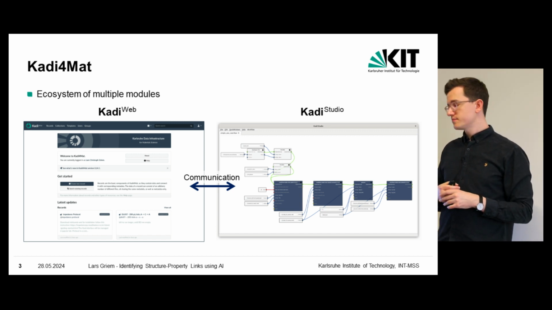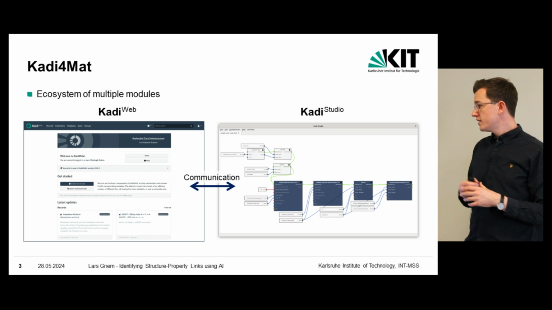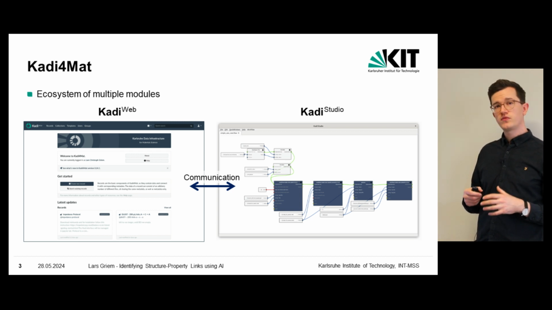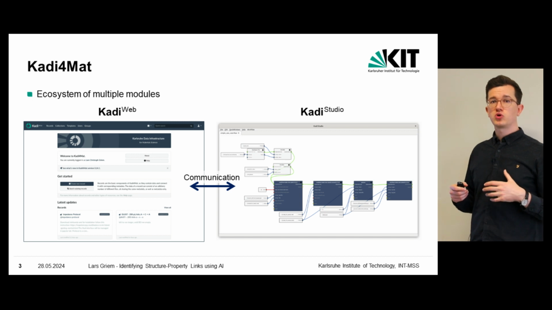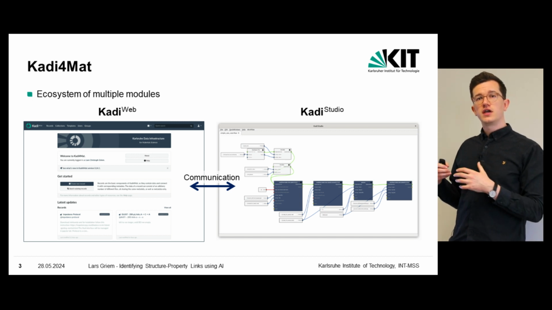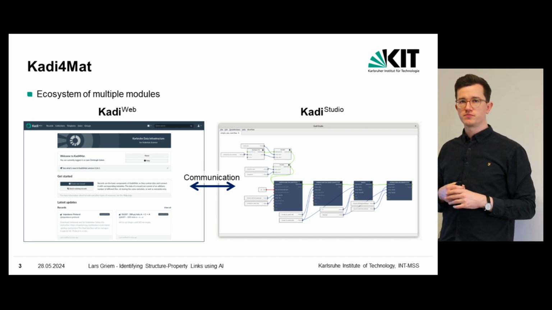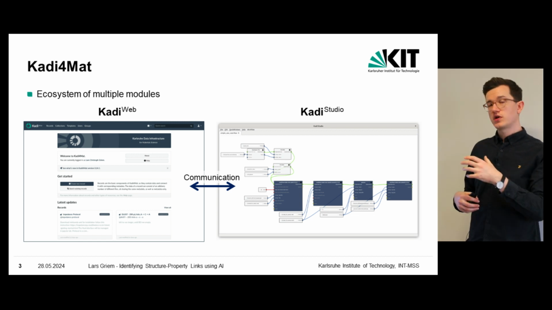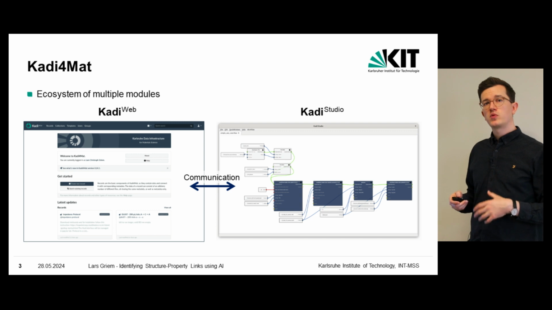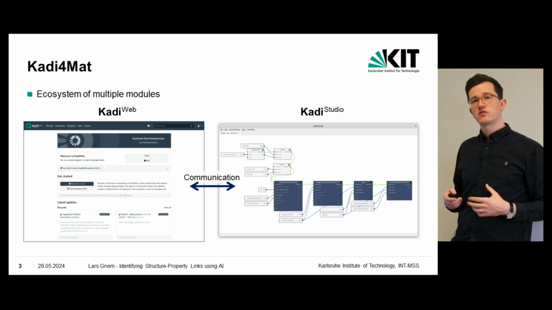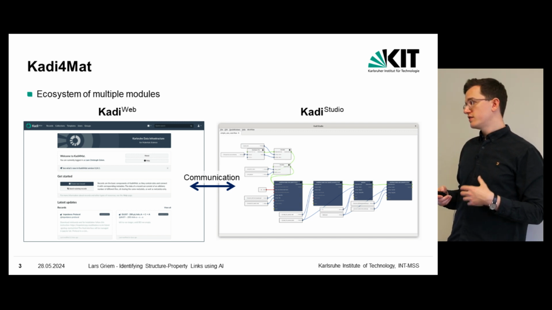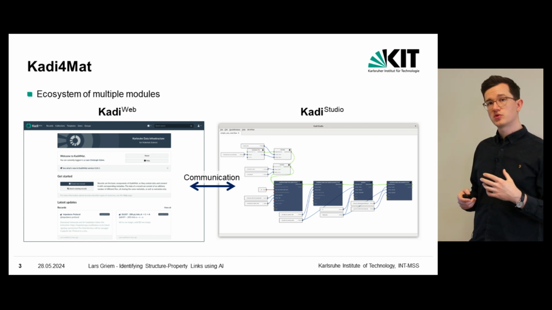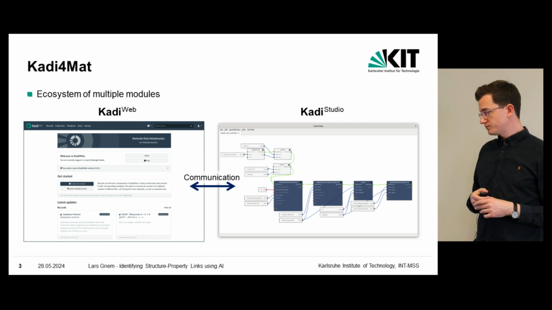On the other hand, the other module that we're going to use today is KadiStudio. KadiStudio allows us to model research processes in an automatable and reproducible fashion. That means that we do not only have the possibility to upload our research data in Kadi4Mat, but we can also model the underlying research processes in order to make these research data reproducible and understandable.